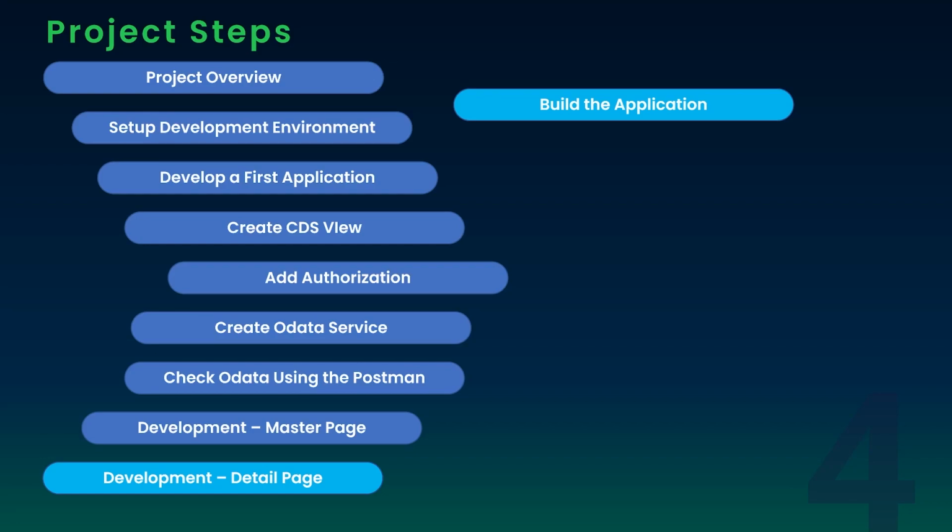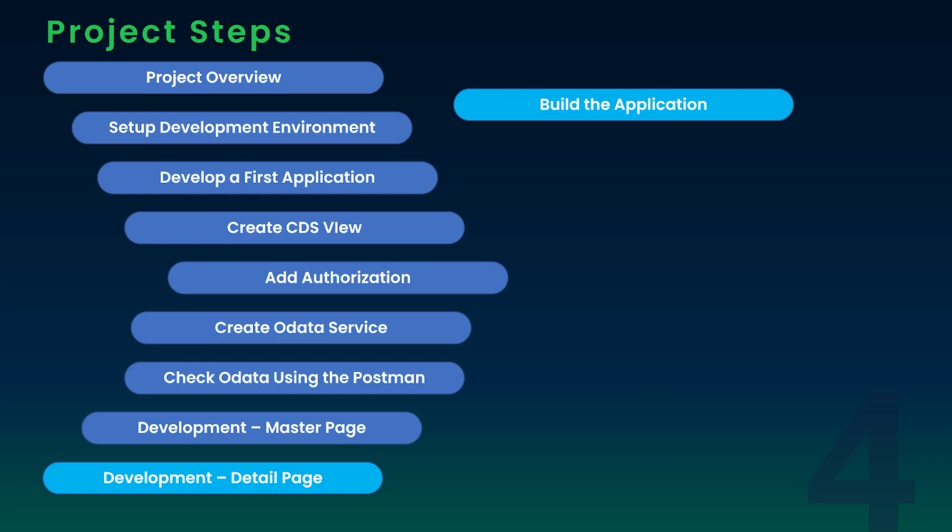That is the reason your code needs to be deployed in your SAP system. So before deploying, you need to build your applications. Then you can deploy to SAP on-premise systems, or you can deploy to Cloud Foundry.